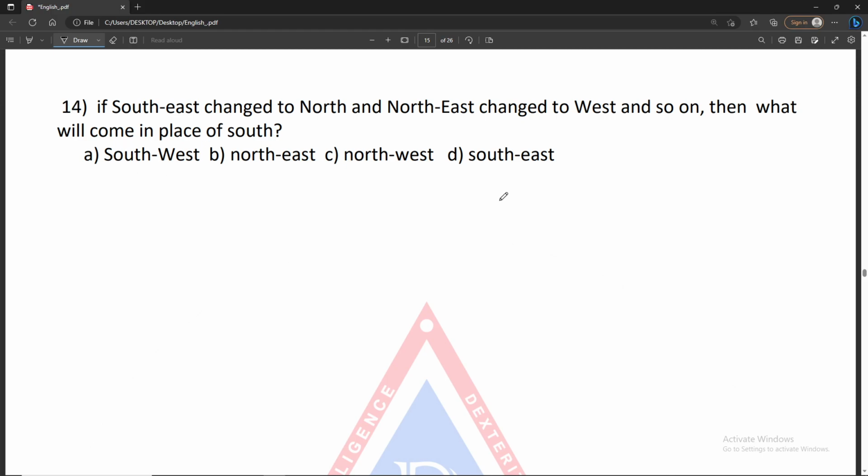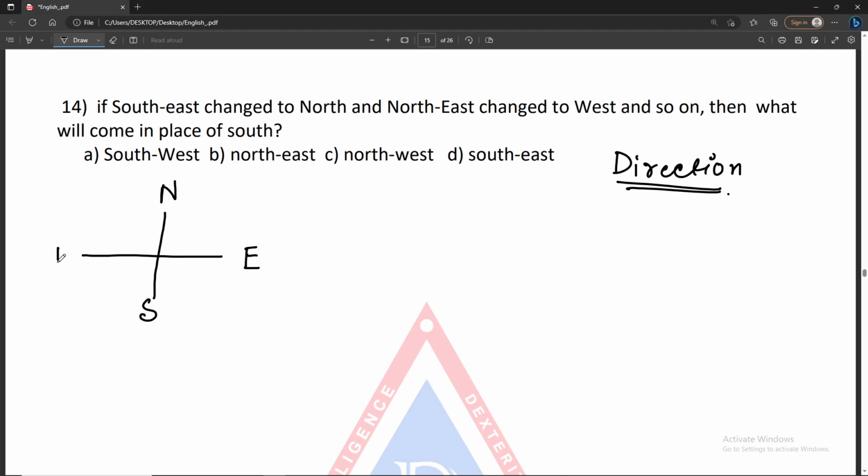So the next question is about directions. So what is given, if southeast changed to north, that means we know it's north, south, east, west. This goes with northeast, this goes with southeast, this goes southwest, and this goes for east.